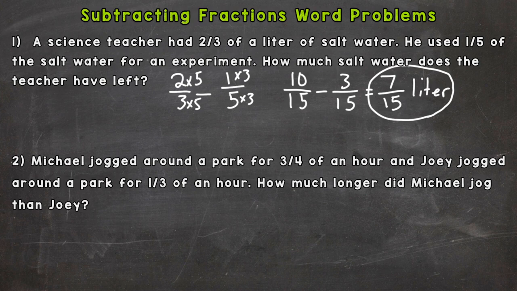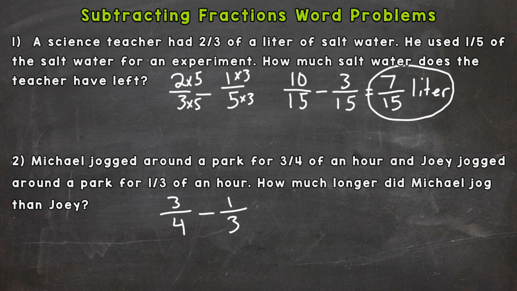We need to find the difference between 3/4 and 1/3, or how much longer 3/4 is than 1/3. So this situation also uses subtraction. So we need to do 3/4 and subtract 1/3 to find out what the difference is between the two fractions, or how much longer Michael jogged than Joey.